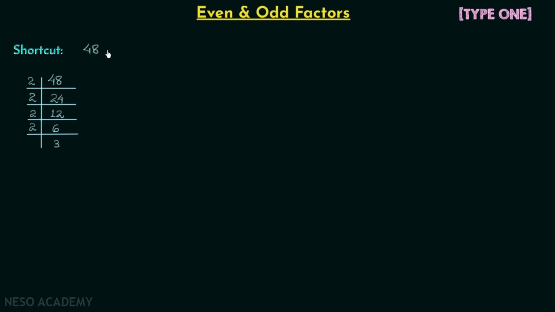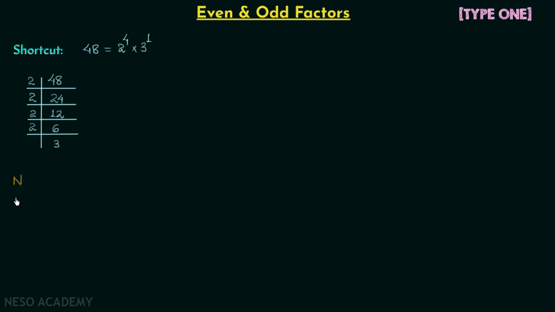So we can write 48 is equal to 2 power 4 multiplied by 3 power 1. There are four 2's, so we have 2 power 4, and there is only one 3, so the power is 1. Now we will leave this calculation here and move on to our general case.